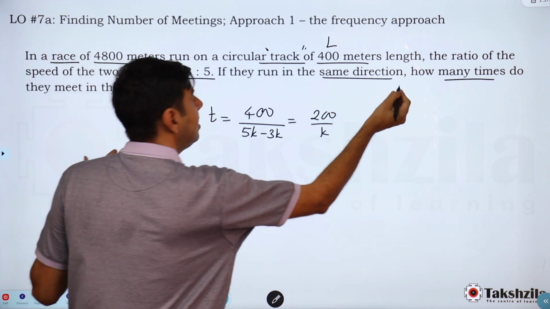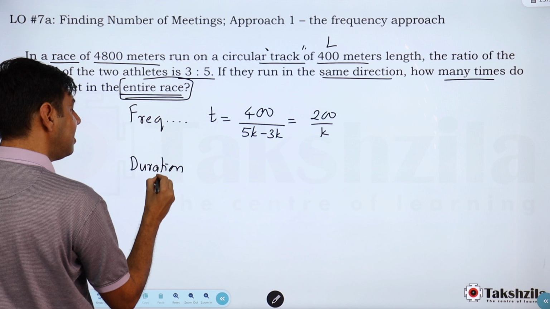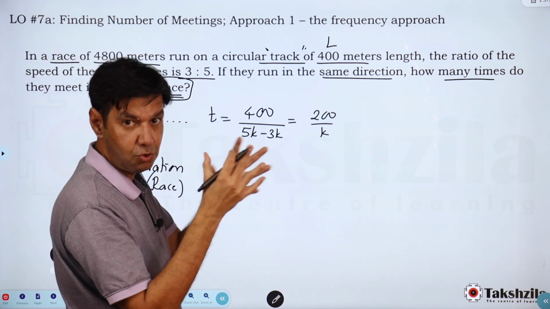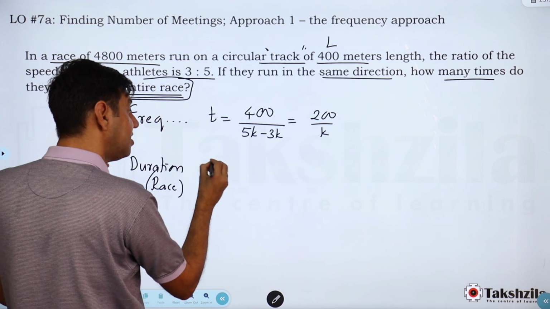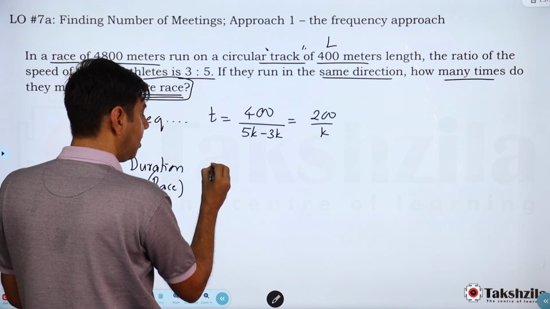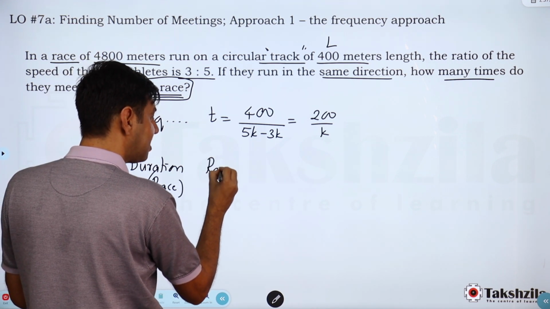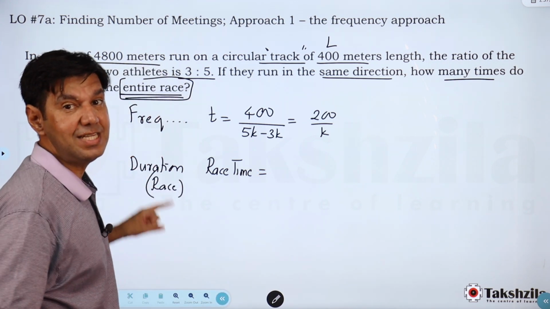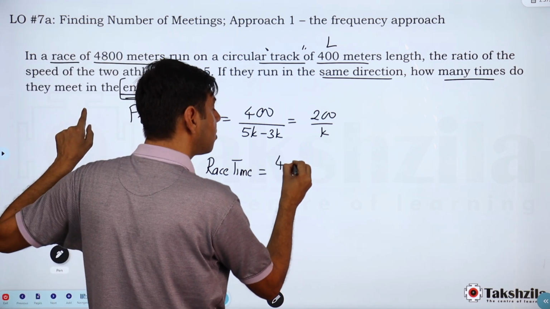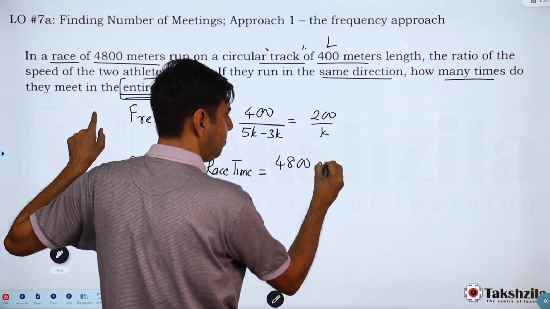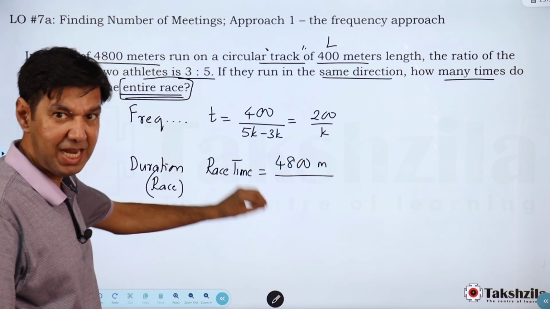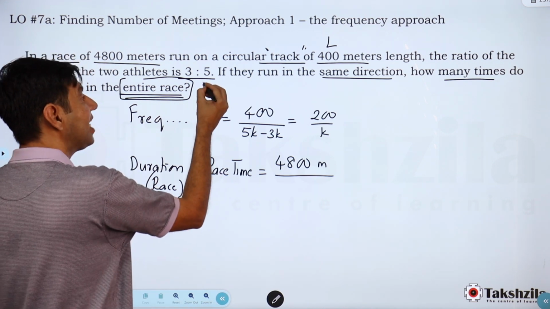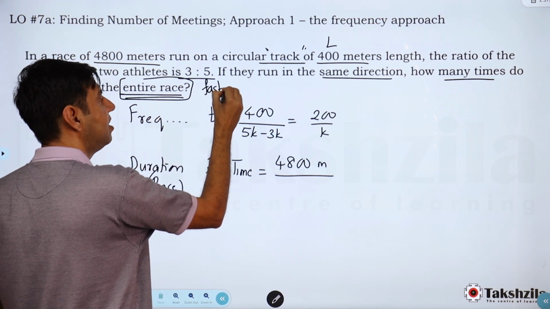And then what is the duration of the race? In how many times will they meet in the entire race? So how long is the race? Duration is also a measure of time. So what is the race duration? Let me call it the race time. In the race, the distance to be covered is 4,800 meters. Time is distance by speed. Whose speed? Is it the relative speed now? No. The faster one is going to finish the race.